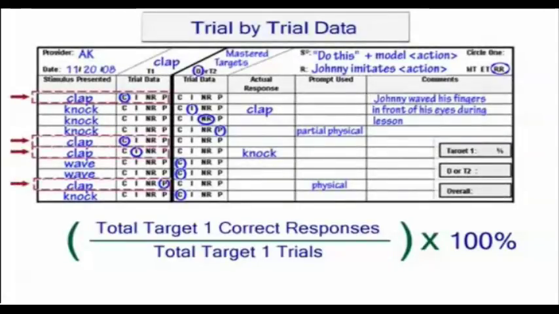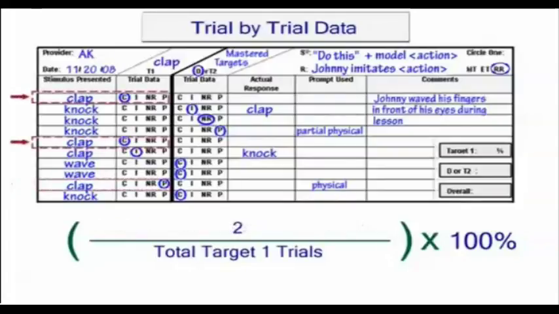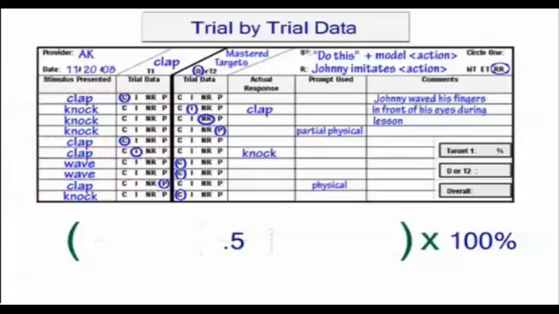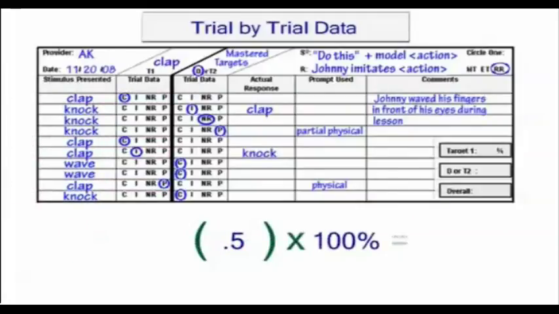Of the 4, he had 2 correct responses, 1 incorrect, and 1 prompted. So Alice calculated the percent correct by dividing the number of correct responses, 2, by the total number of responses made, 4, and multiplied that number by 100% for a total of 50% correct. She then recorded 50% in the Target 1 percentage box.